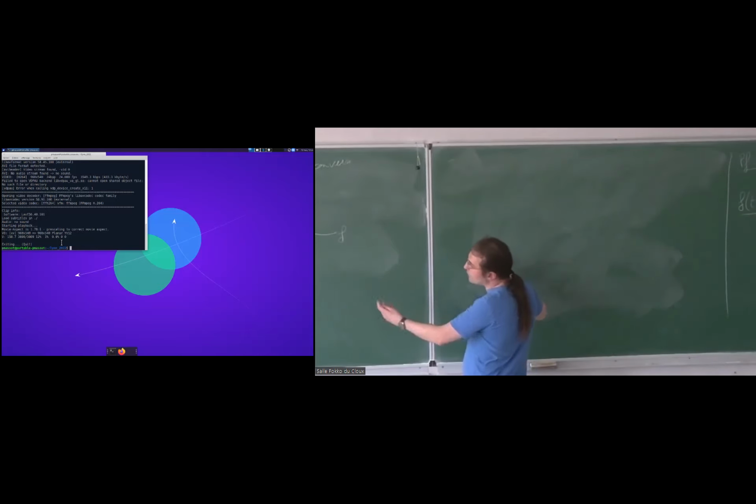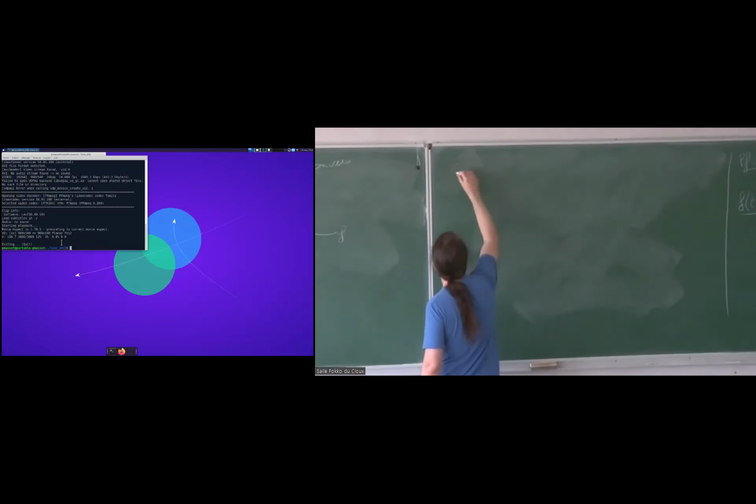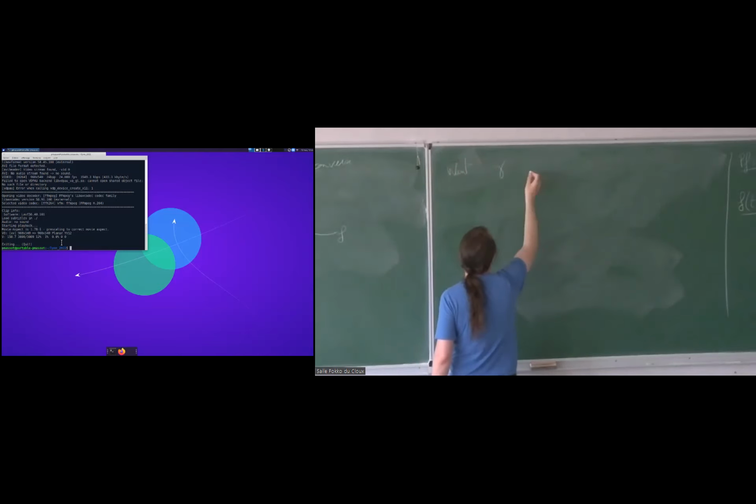So this sketch was meant to convince you that what you really want is something like this. You want a family of loops.